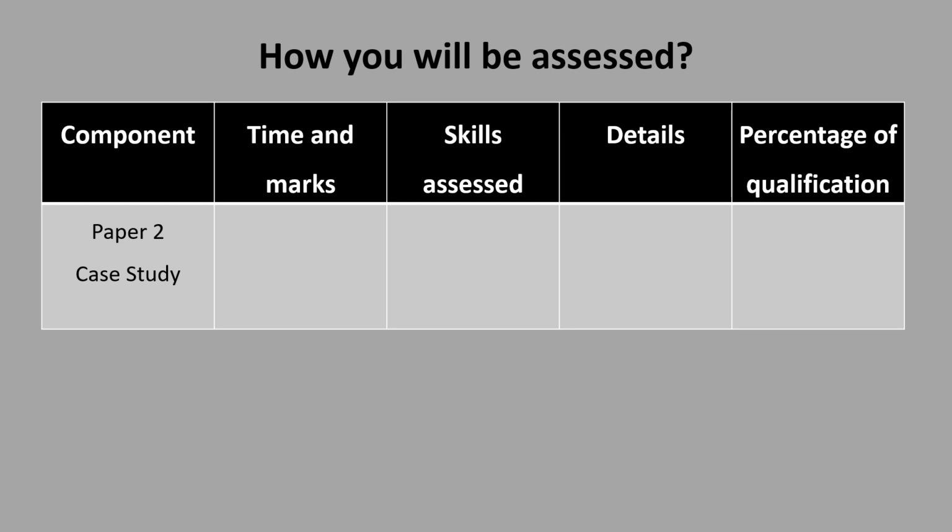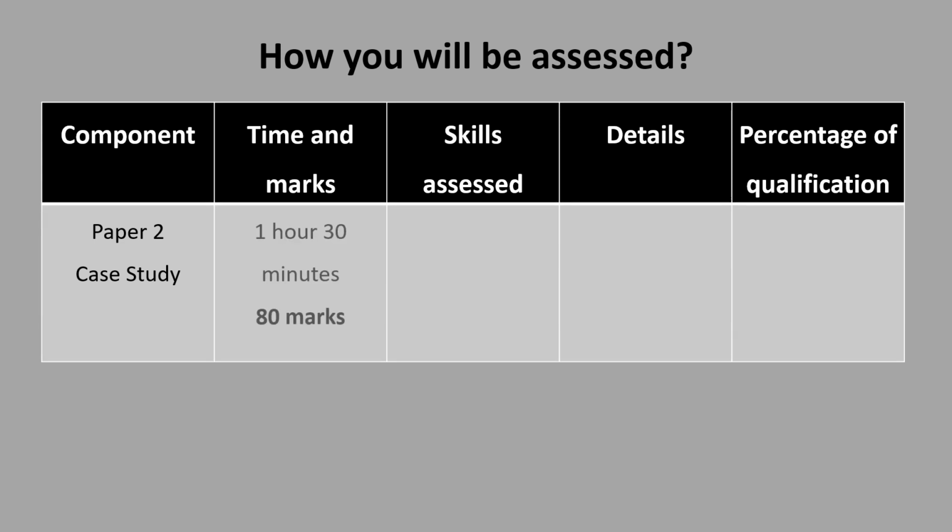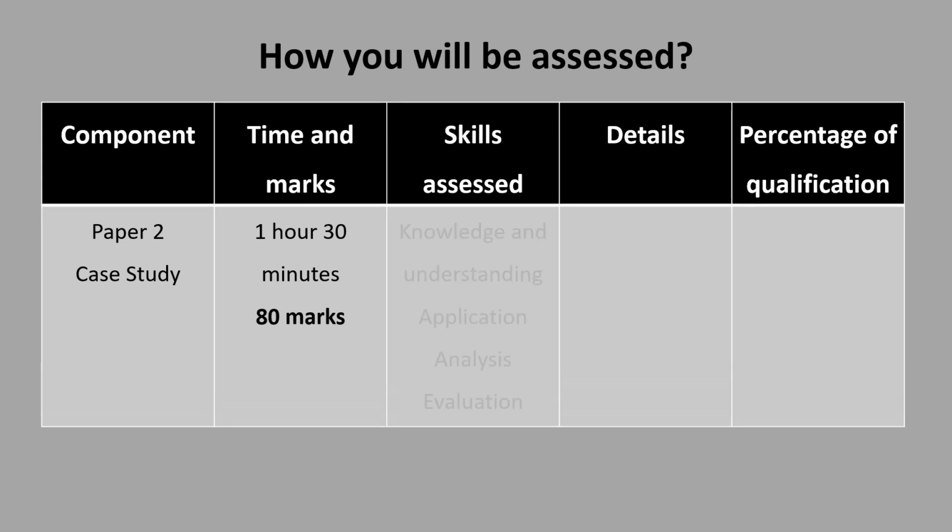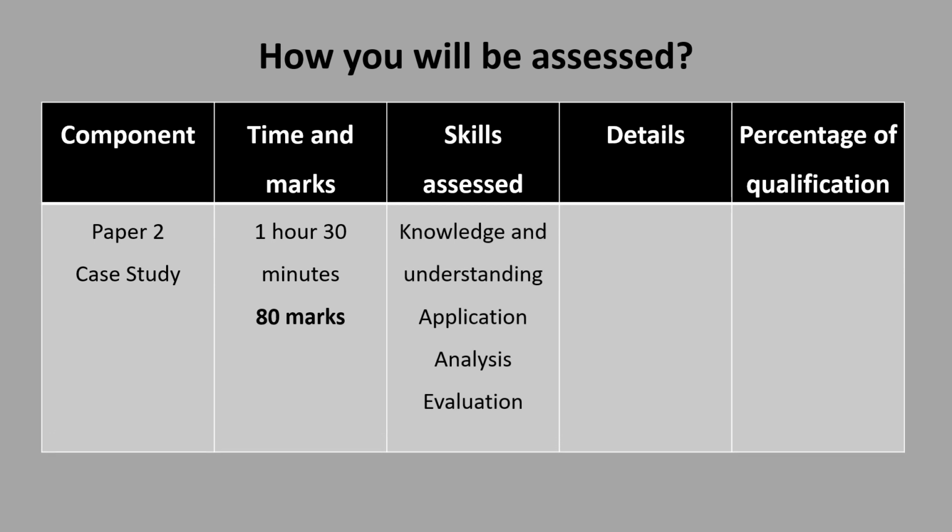Paper 2, case study 1, and you will be allocated 1 hour 30 minutes, and the marks allocation is same as for paper 1, 80 marks. Again, the skills assessed will be same as for paper 1, that is knowledge and understanding, application, analysis, and evaluation.